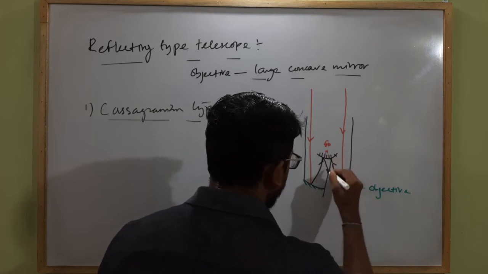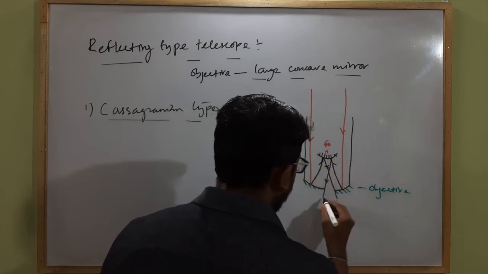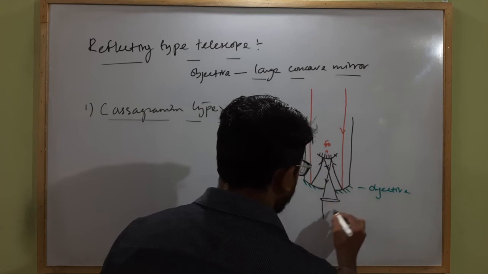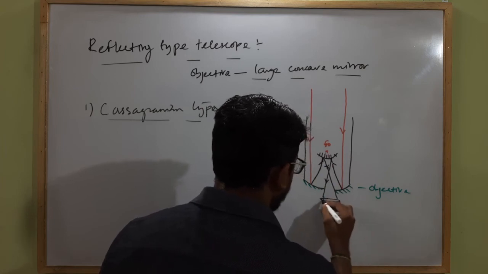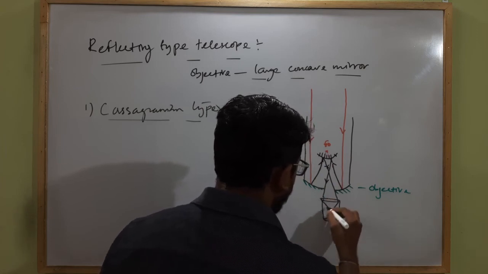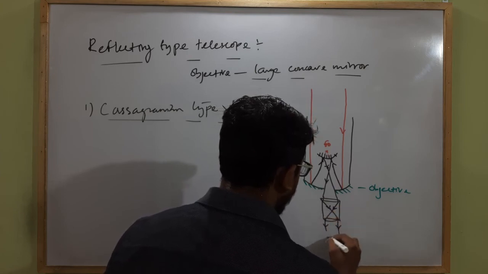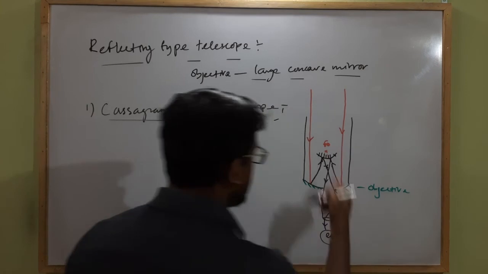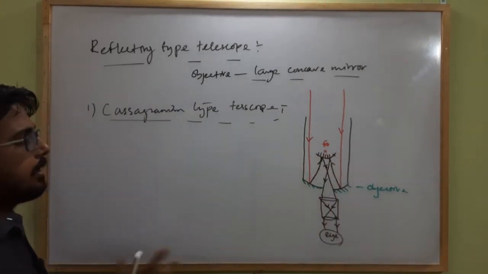Here the eyepiece is present, and through the eyepiece the final ray will reach the eye. So this is known as a Cassegrain type telescope.